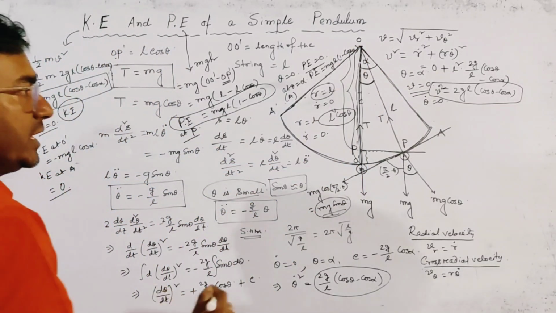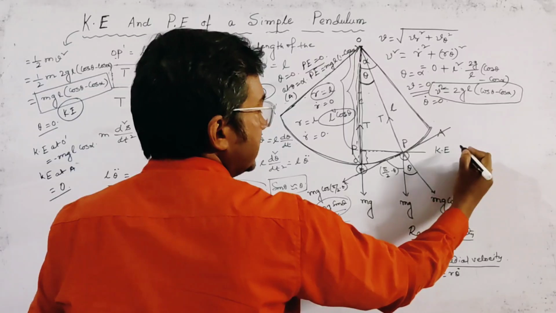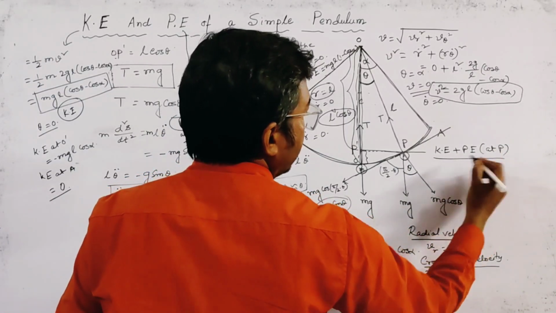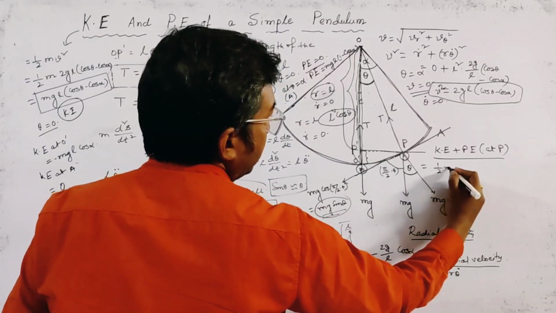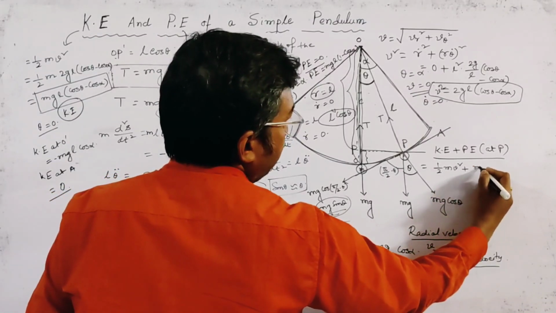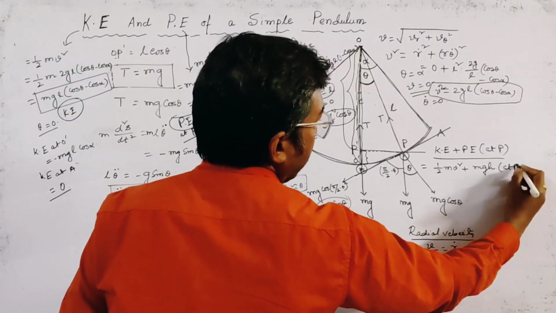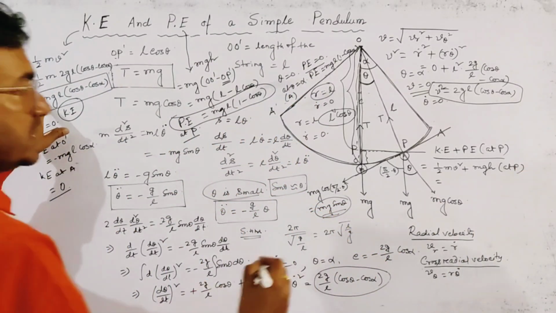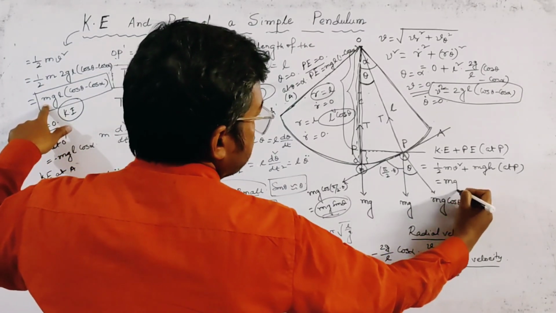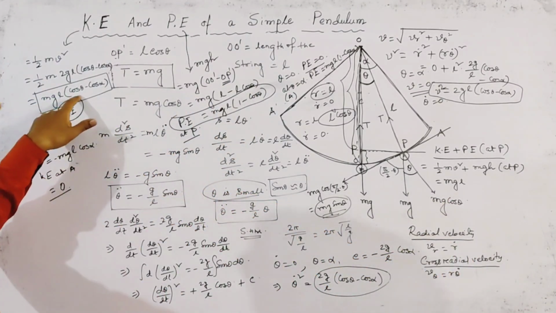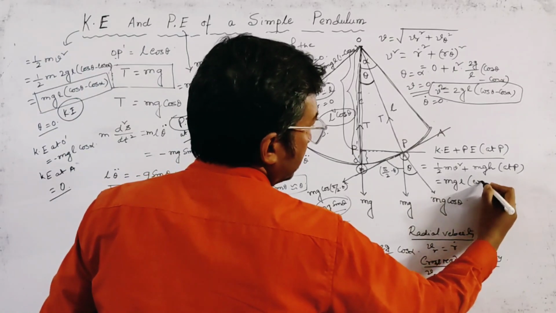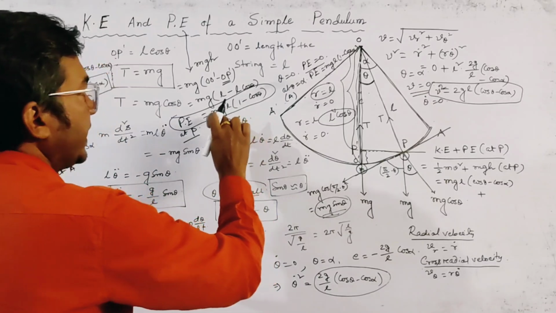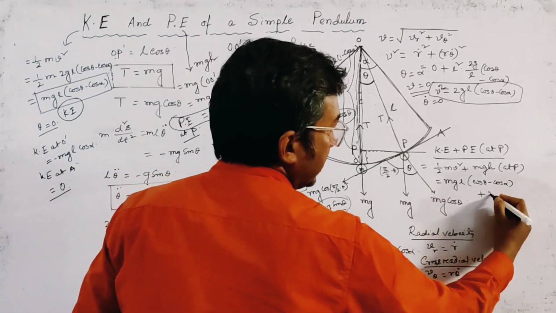Now if we add kinetic energy plus potential energy at P, this is half mv square plus mgh at P. The kinetic energy is mgL into cos theta minus cos alpha, plus the potential energy mgL into 1 minus cos theta.